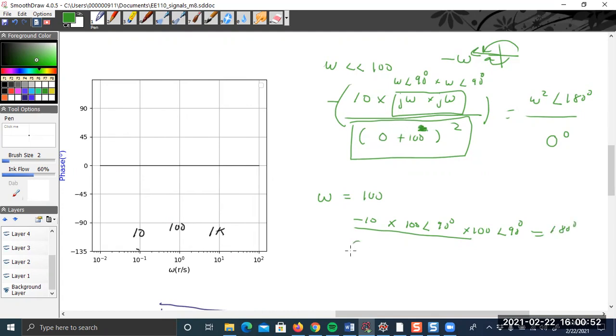But here, right, we have 100J plus 100, 100J plus 100, which converts to 45 and 45. I sum that.